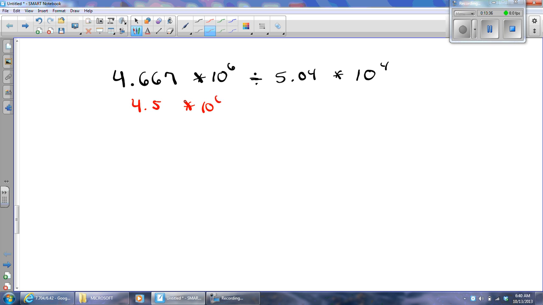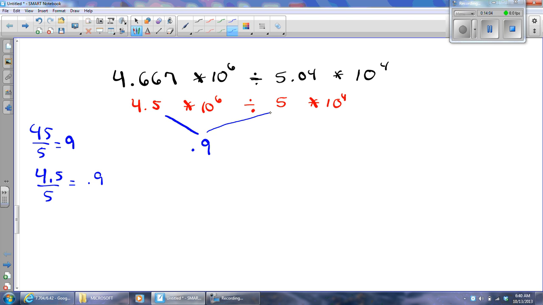And I'm going to divide that by 5 times 10 to the fourth. Okay, it's only in an estimation situation. Well, I know that 45 divided by 5 is 9. So 4 and 5 tenths divided by 5 must be 9 tenths. So I'm going to get 9 tenths when I do this division.